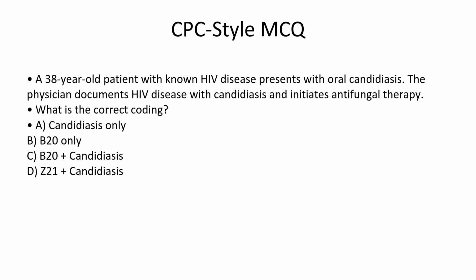So the correct answer is option C, B20 plus candidiasis. Option A is incorrect because HIV must be coded. Option B is incomplete because the related condition is not coded. Option D is incorrect because Z21 is only for asymptomatic HIV.